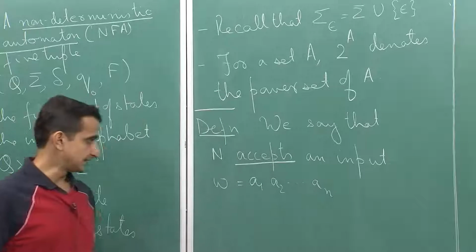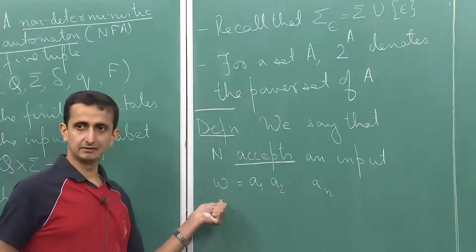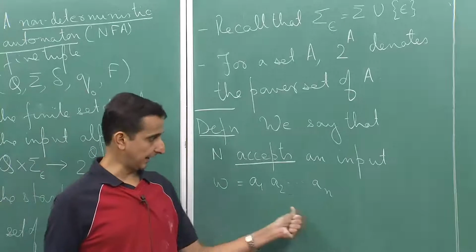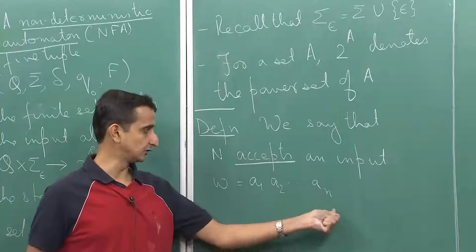Let us say we have a string W which has n symbols in it, A1 through An.